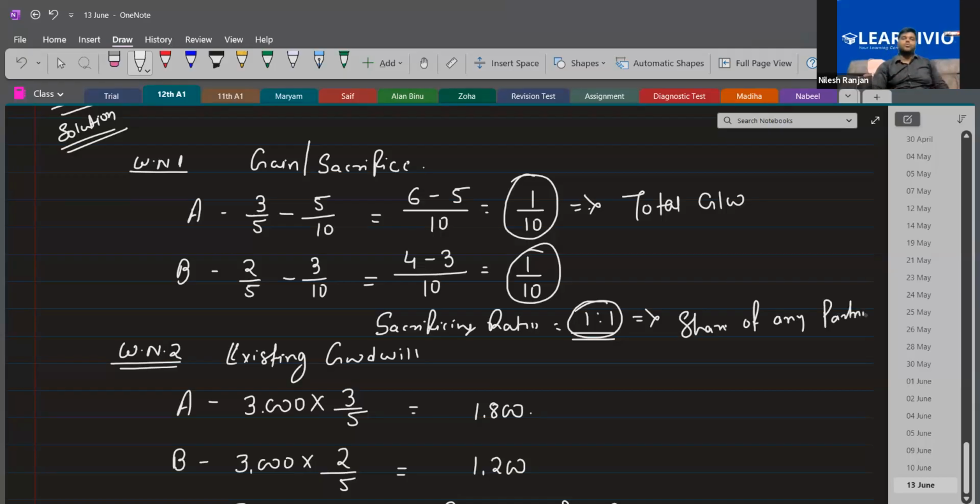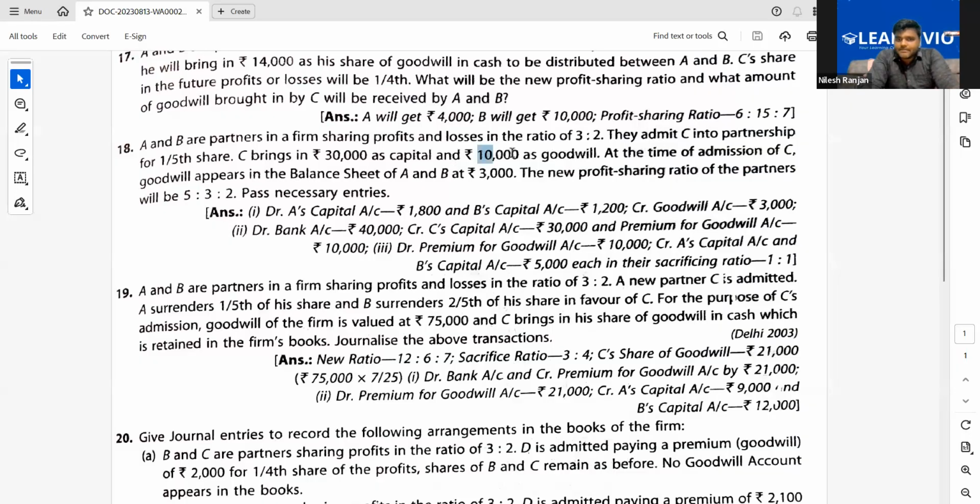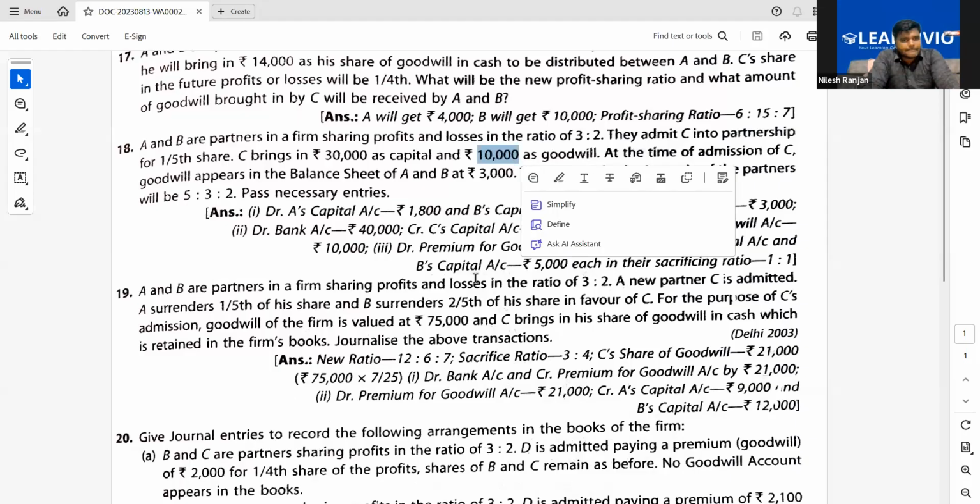I will explain how it is given. Okay, first of all, what is the value of goodwill brought by C? It is 10,000, yes? And what is the share he is getting? Shahrukh. What is the share of C, the new partner?